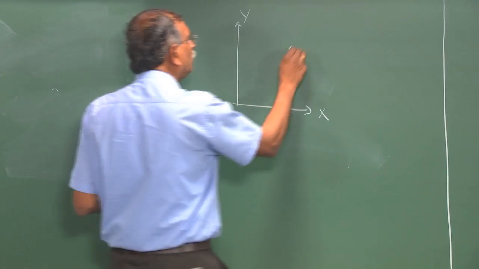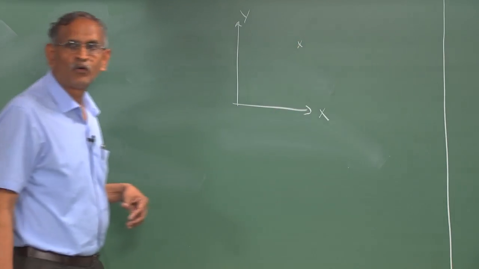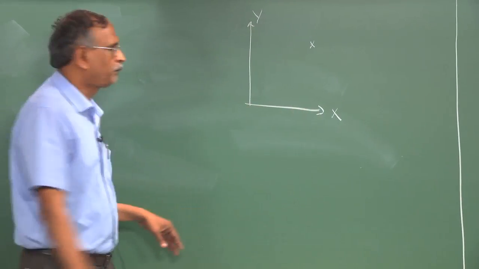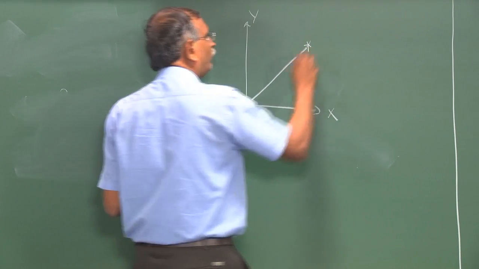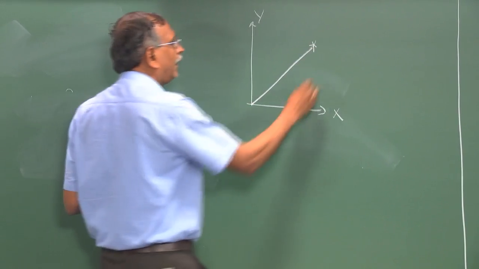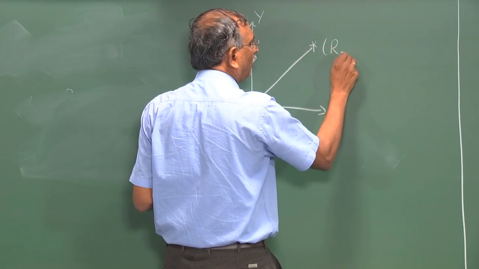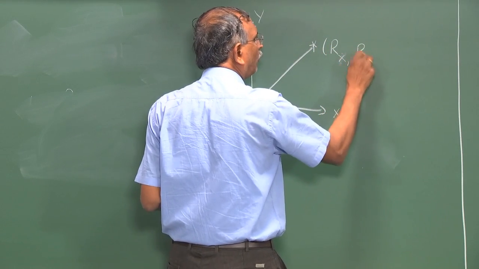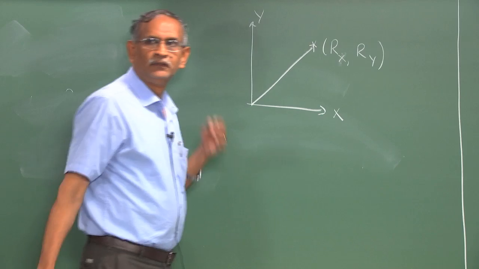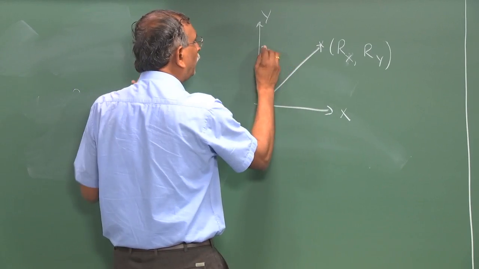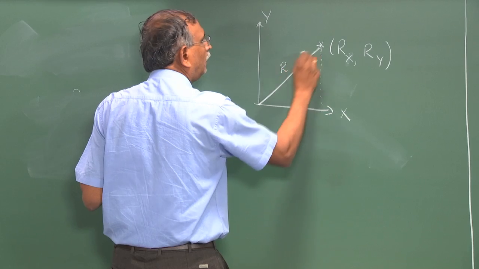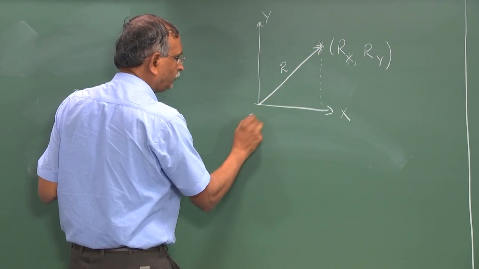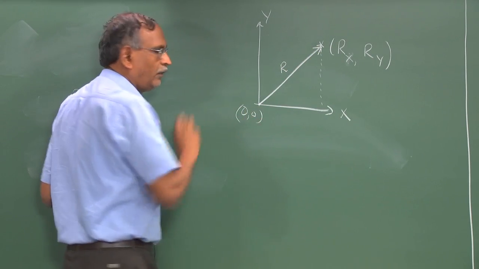and any point in the coordinate plane, that is in the 2-dimensional plane, represents a vector which is pointing in this direction, and if you write the coefficients as r_x and r_y, okay, the x coordinate is the projection of the vector r, which is from 0, this is the 0, 0, the origin.